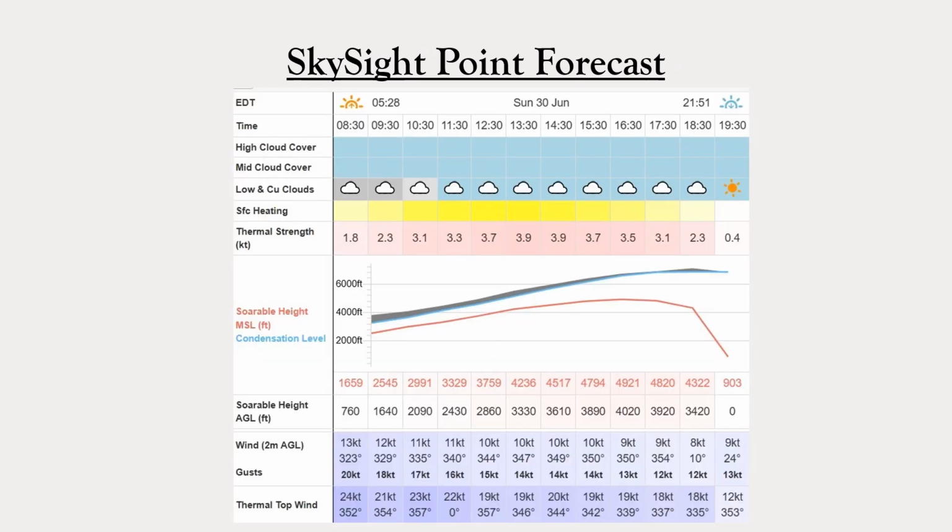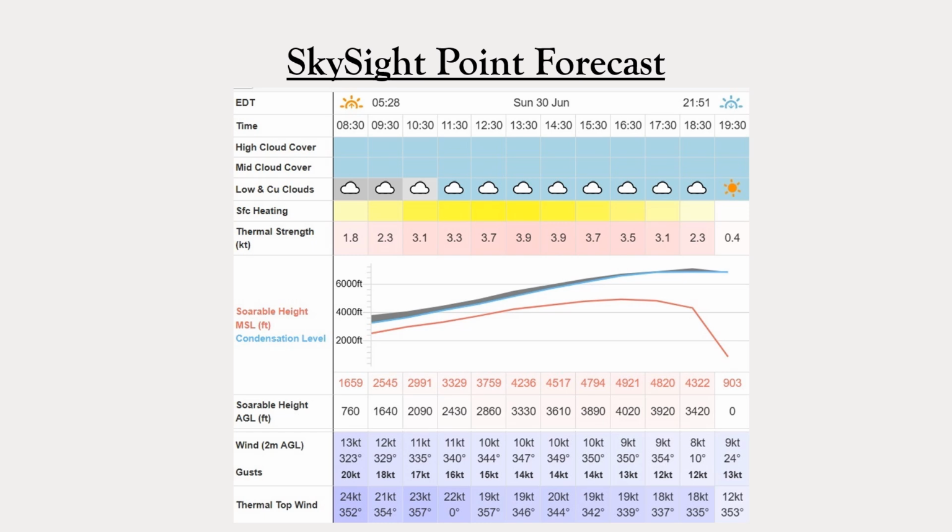So those charts were for areas at a particular time. Another way to look at the forecast is to pick a particular place and look at how conditions will change over a period of time.